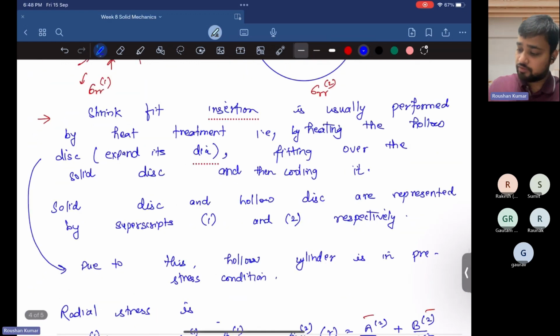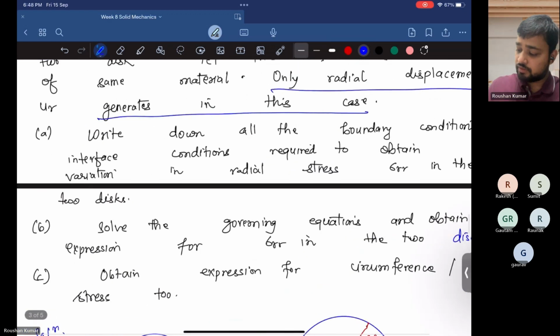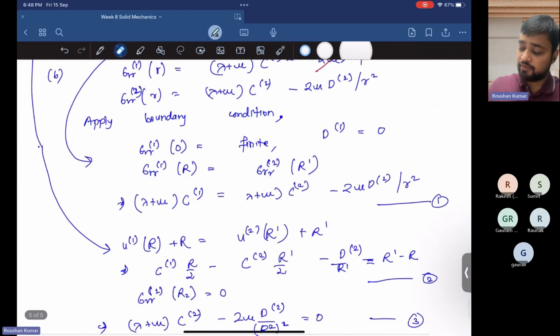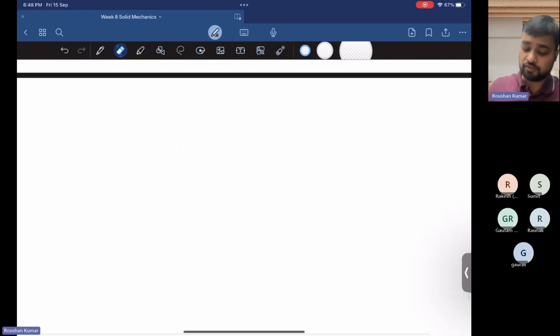Now the third part of this question is to obtain the expression for circumferential stress. That means we have to find the expression for sigma theta theta also.